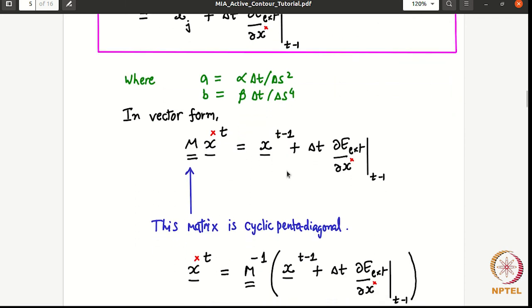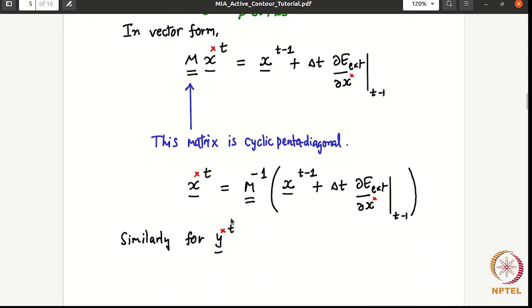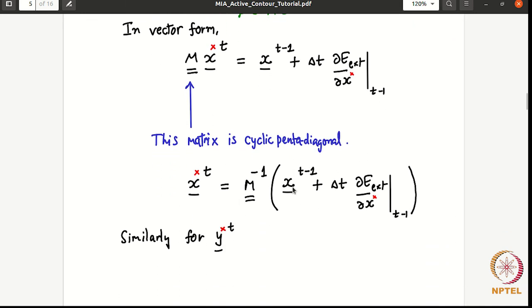For example, given x star t minus 1 and this del E by del x star, we can find x star t by this expression, but this involves calculation of M inverse.